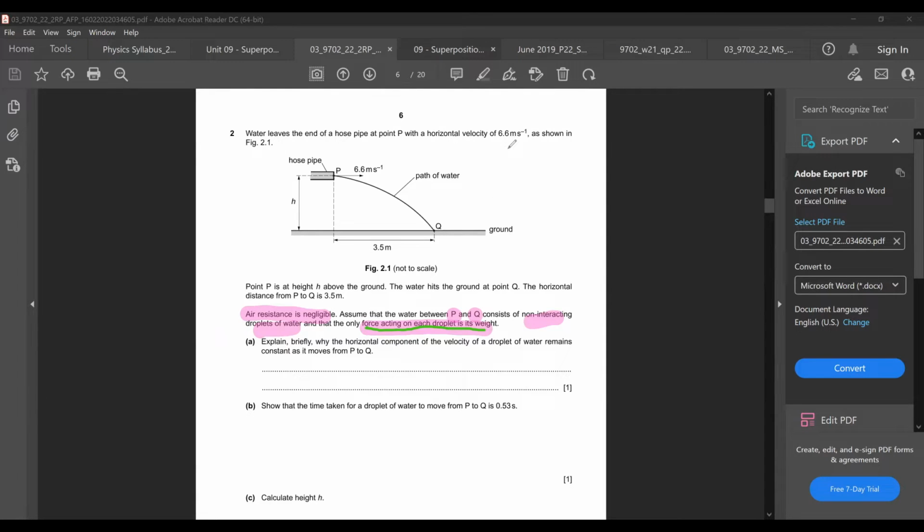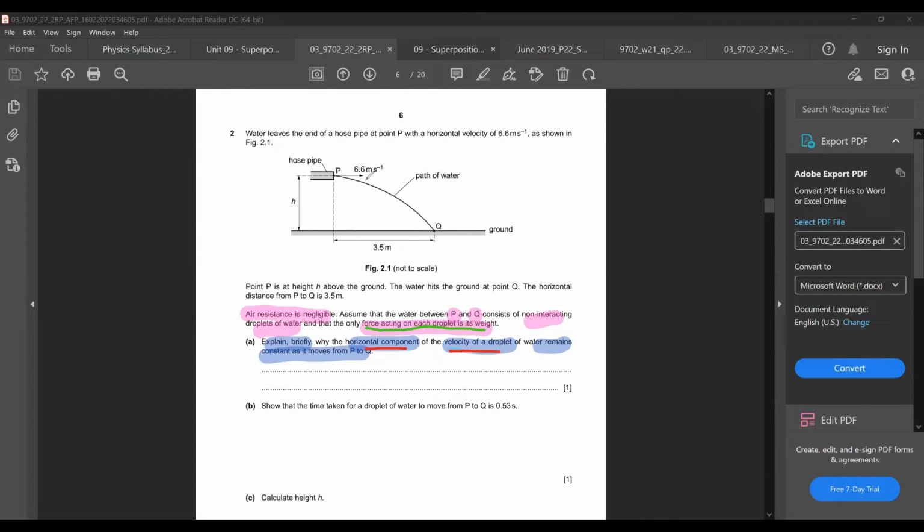Now, explain briefly why the horizontal component of velocity of a droplet remains constant as it moves from P to Q. So why is it that the horizontal component of velocity of your water droplets remains constant?